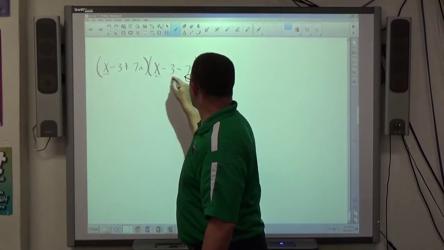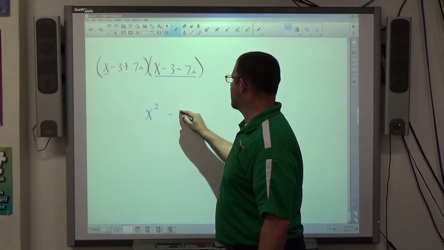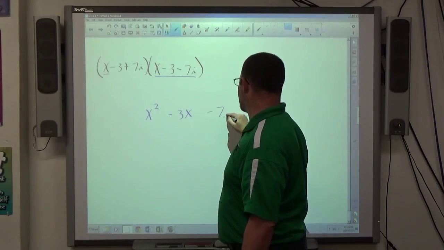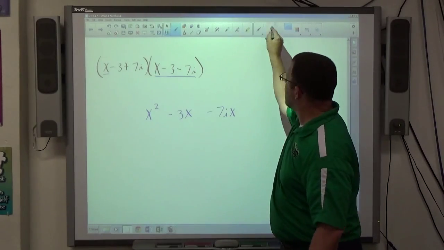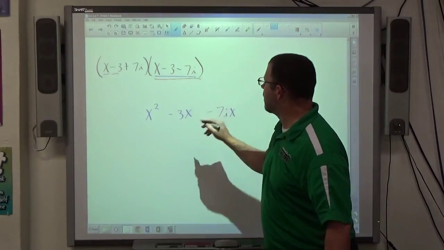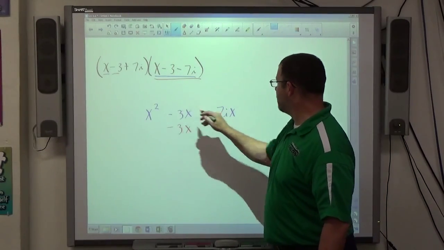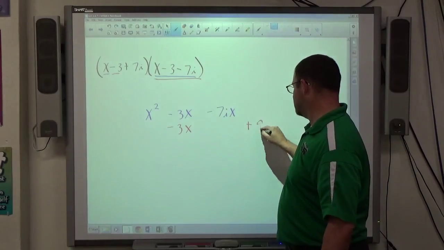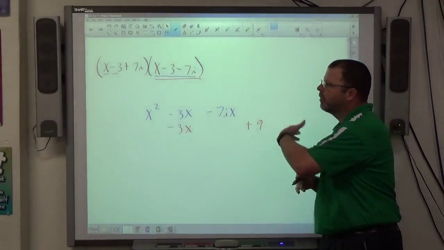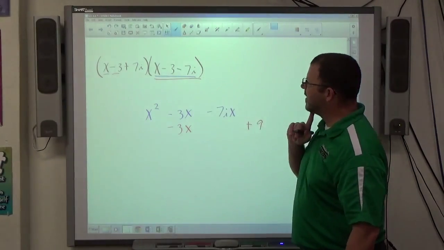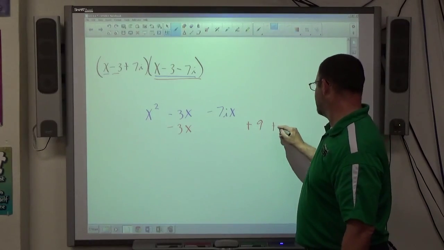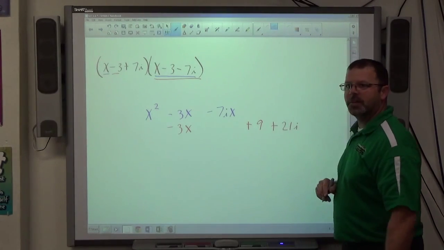All right, so if I do x times all this stuff, I'm going to get x squared minus 3x minus 7ix. If I do negative 3 times all this stuff, I get minus 3x. I get plus 9. I don't have any real constants yet, so I make a new column there. And minus 3 times minus 7i makes positive 21i. I don't have anything like that either yet.